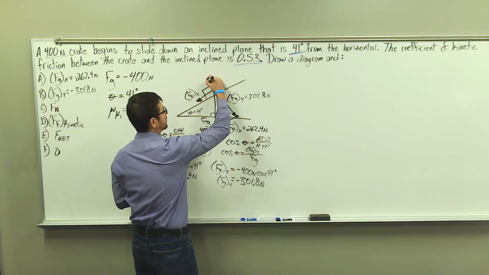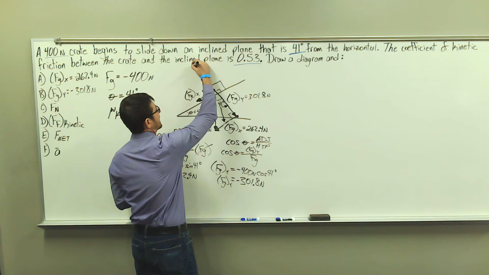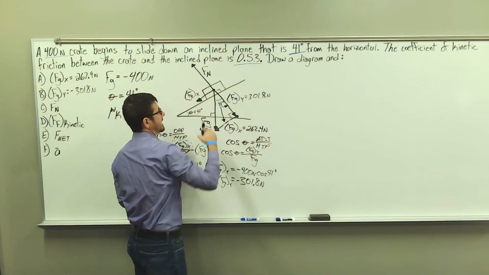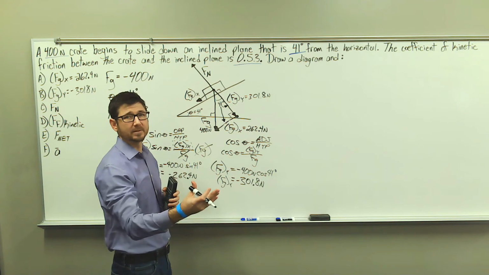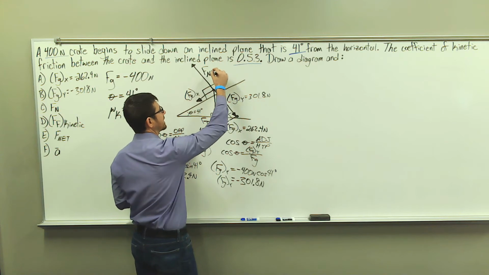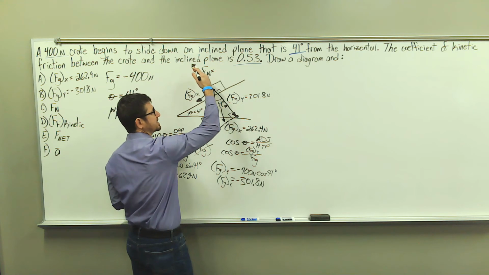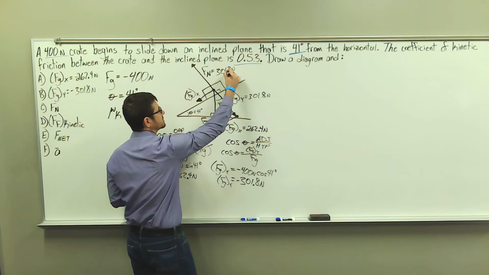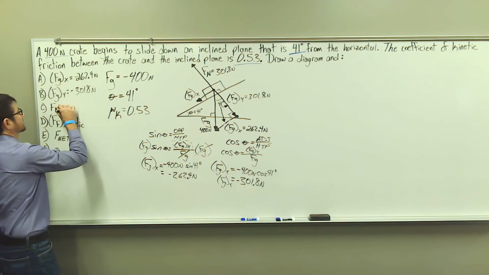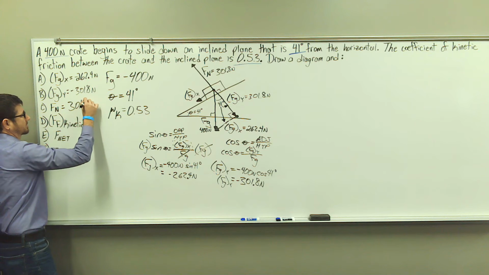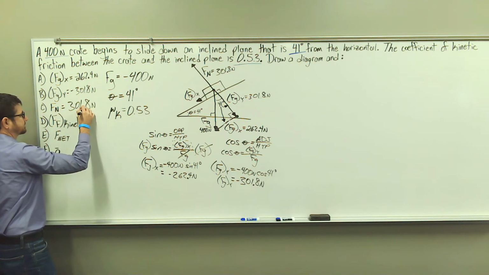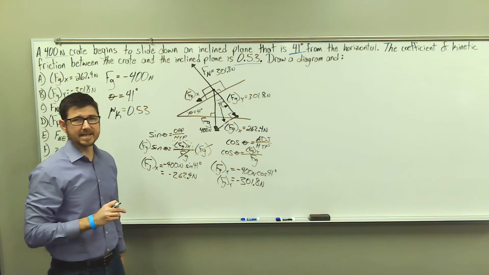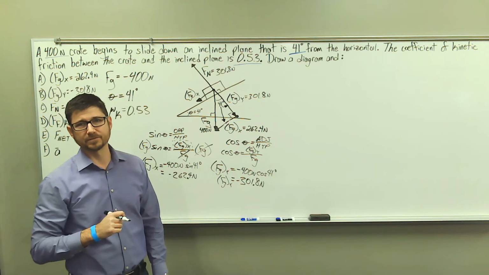So normal force identified by F sub n equal in magnitude to the y component of weight force, but opposite in direction. So 301.8 newtons.